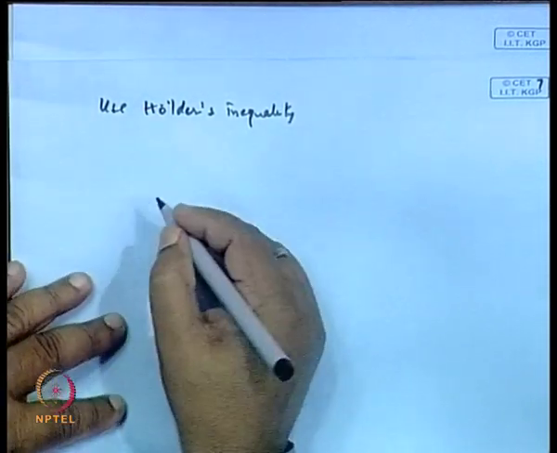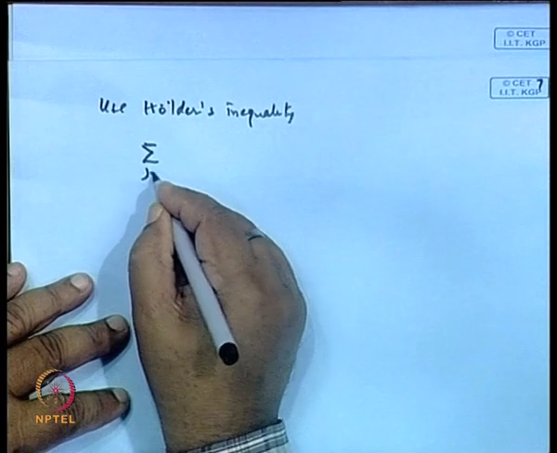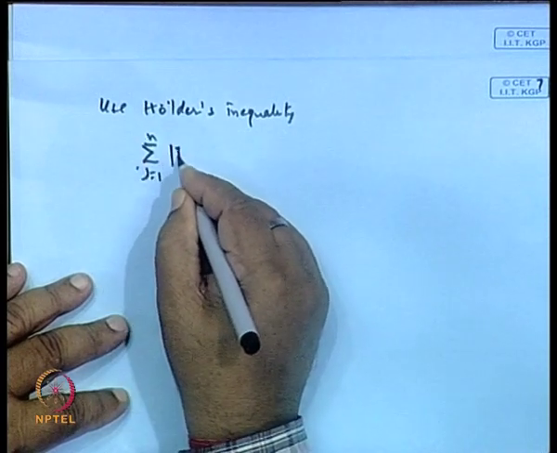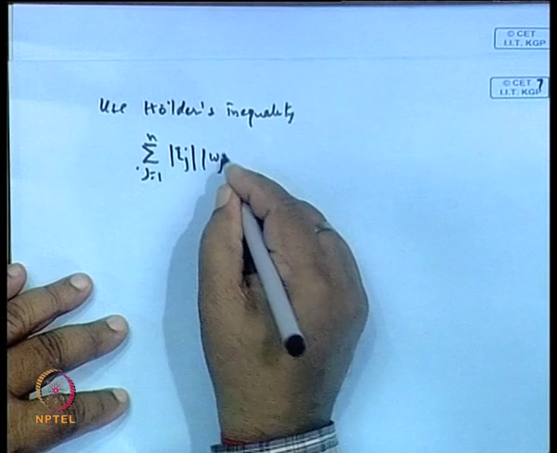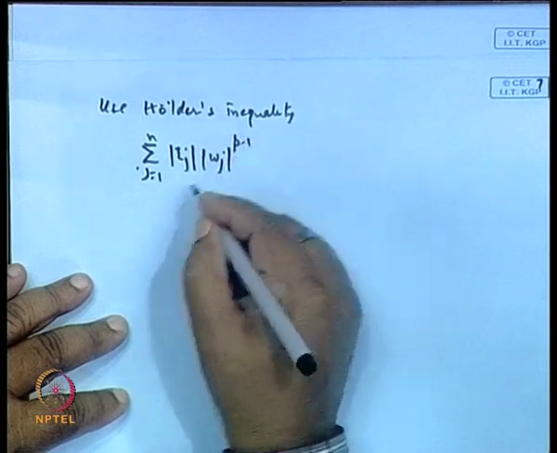So, what we get from here is the sum over j is 1 to n of mod xi_j times mod w_j power p minus 1.